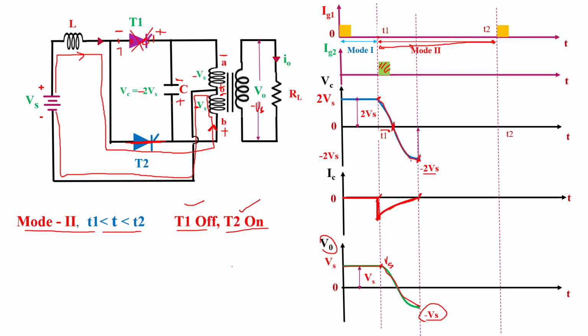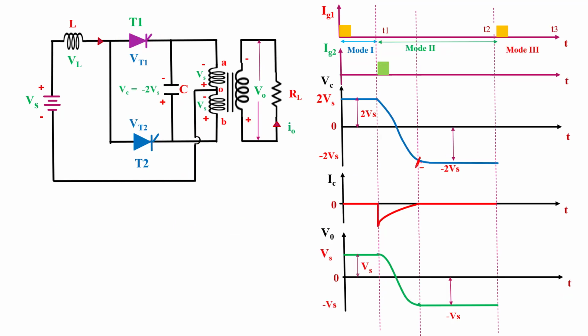Now what happens after this point? After this point the capacitor is charged with minus 2 Vs voltage. When we do not change any condition, meaning we do not turn on any other thyristor, this time T2 is already turned on and T1 is turned off, the same situation as in mode 2, we do not change any condition.